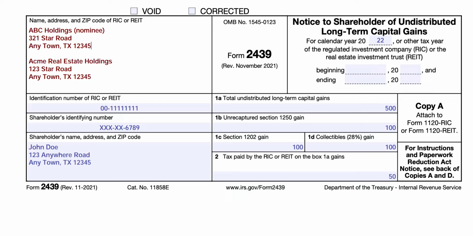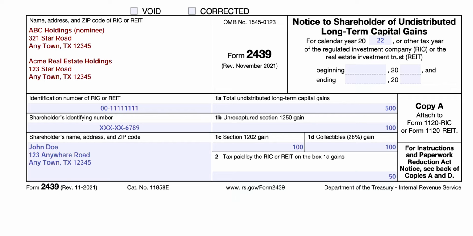So this is how you would possibly see this. And if you received it in this format from a nominee, then the nominee would file the paperwork they received from the regulated investment company or the REIT with the IRS, and then they would in turn complete a new 2439 with identical information and give that to you.